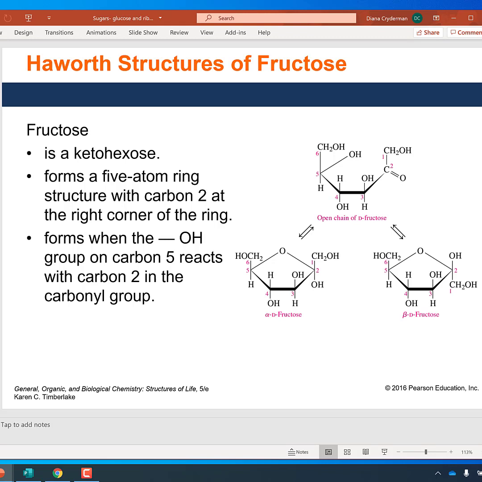So we've actually got carbon 1. Here's carbon 2 that had originally the ketone on it. Carbon 3, carbon 4, carbon 5, carbon 6.